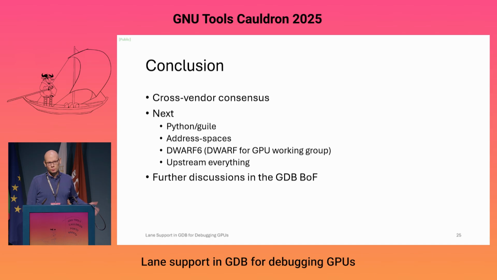For instance, there could be a Python API or a DAP API. And then there are things also related to not just lanes, but GPU debugging in general. Address spaces is an active topic that we are discussing. And then DWARF 6 is going to have a non-trivial amount of changes that are also focused on providing support for GPU debugging.